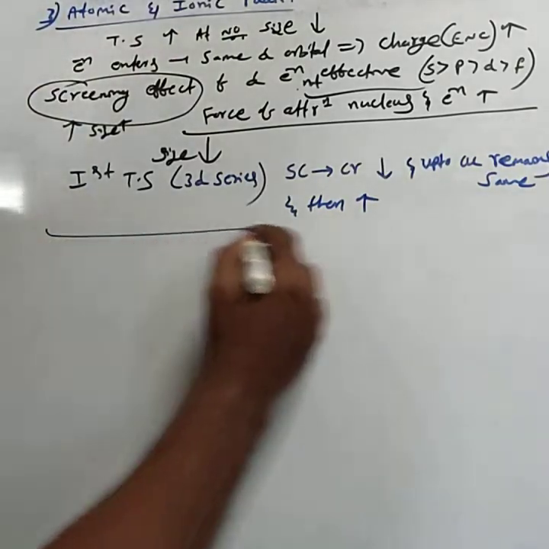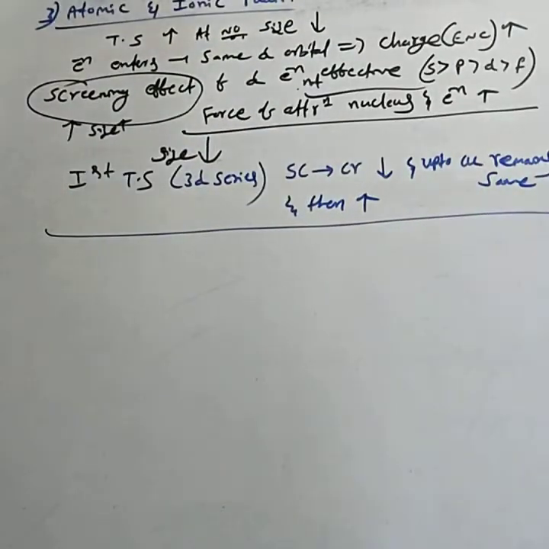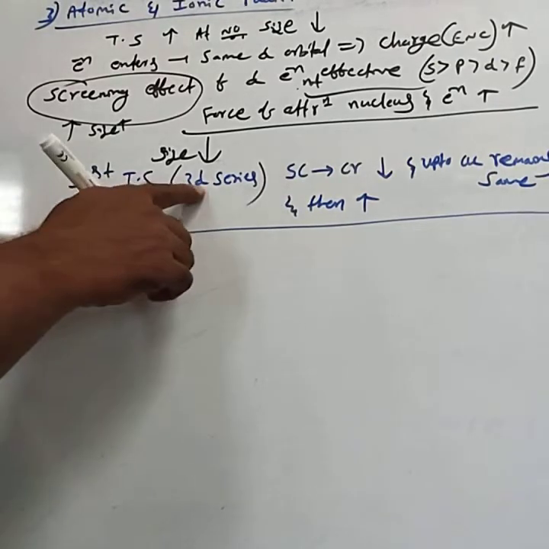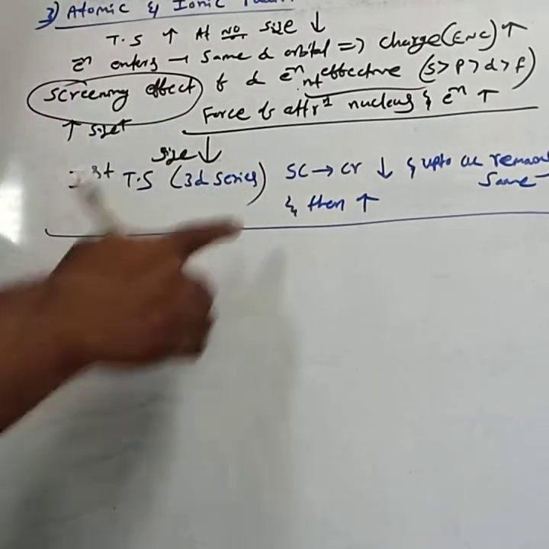This is the variation in the 3d series. If they ask how atomic and ionic radii vary in the first transition series or 3d series, you have to write this.